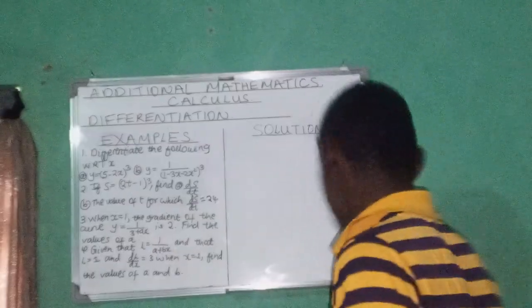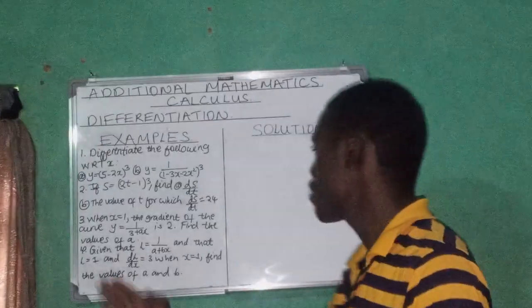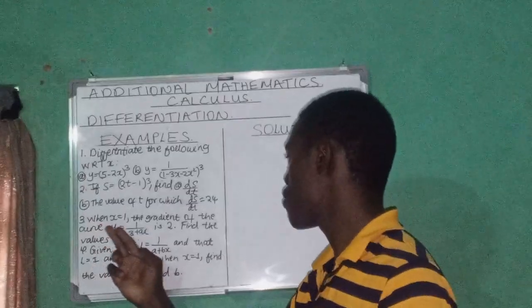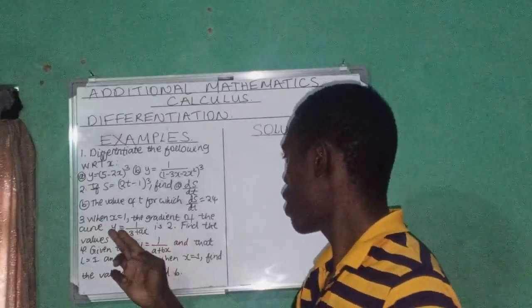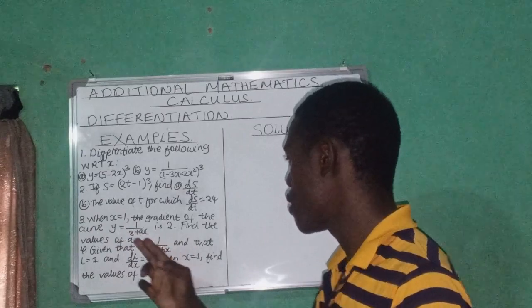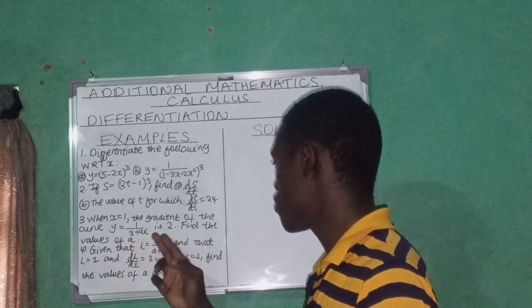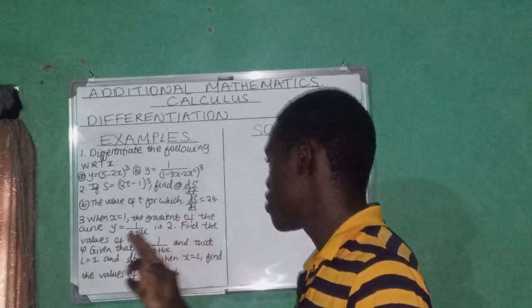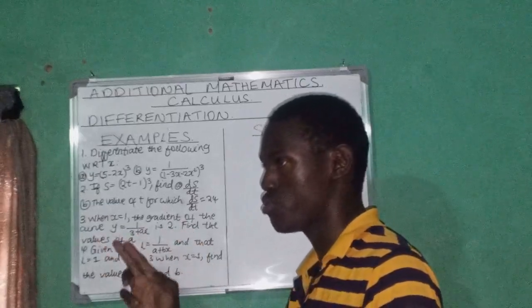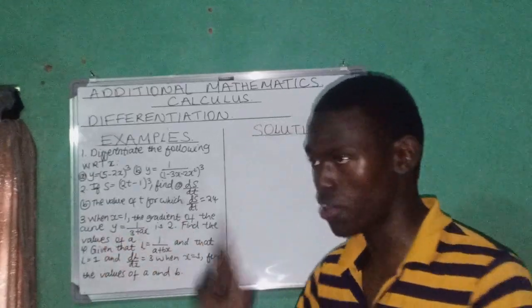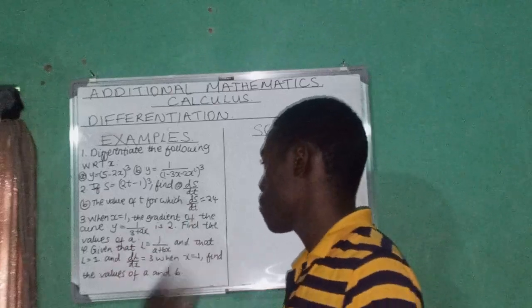Okay, question 3 reads: when x is equal to 1, the gradient of the curve y is equal to 1 divided by 3 plus ax is 2. Find the values, so it means not one value, but values of a.